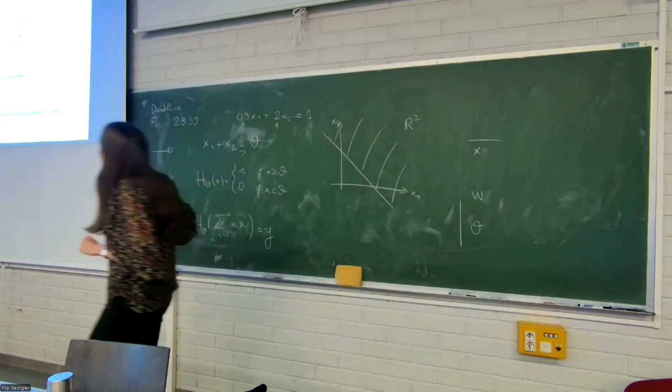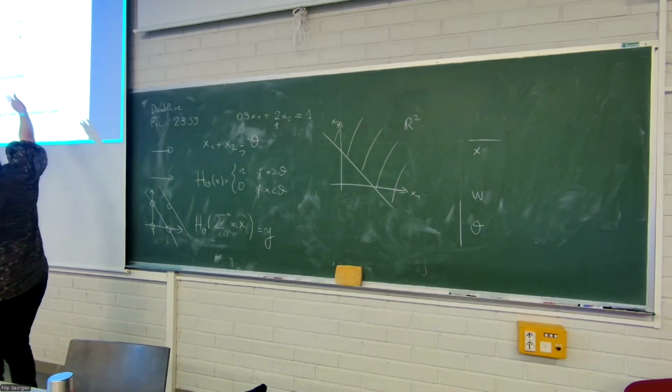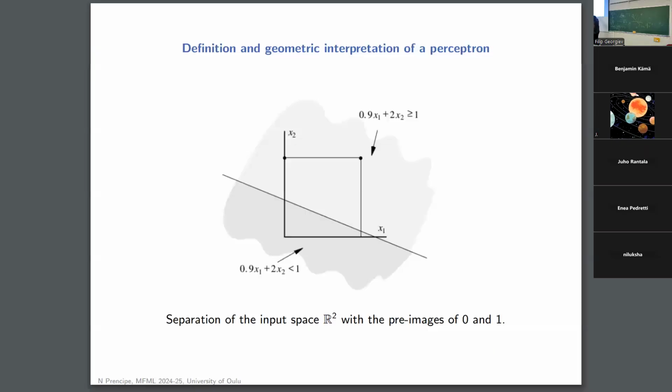On the screen, the upper part is colored, and on the slides you see the contrast. The upper part, including the line, will be mapped to 1, and the lower part will be mapped to 0. So you see that these types of machines are more powerful than the ones we saw in the last class, because however I change the weights, the condition I'm verifying is always this one.